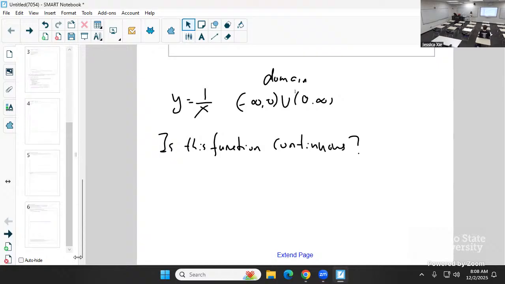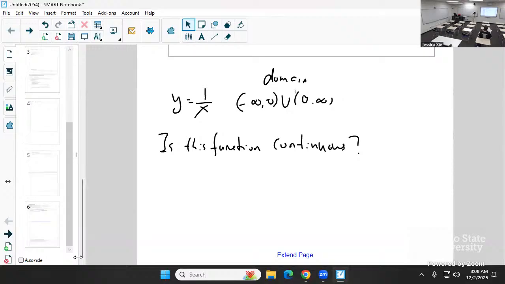An infinite jump. Yes, it's very obvious that at 0 we have an infinite jump, right? But does the number 0 belong to the domain? No, 0 does not belong to the domain, right? So it has some problem at 0, but 0 does not belong to the domain, right?